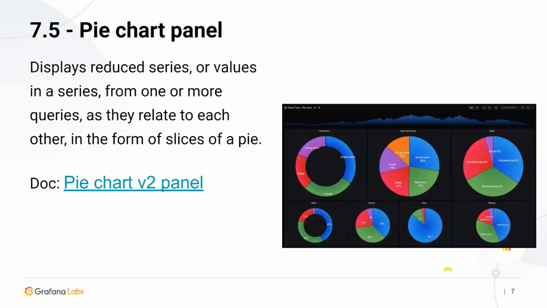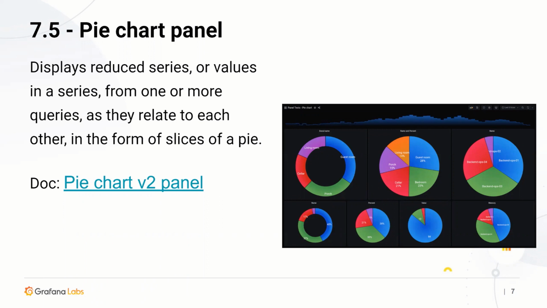And the last one that I'm going to be talking about is the pie chart panel. Some of you are familiar with the pie chart plugin that we have had in previous versions. You can think of this as the next generation of the pie chart panel, but unlike a plugin, this is actually one of our core panels.